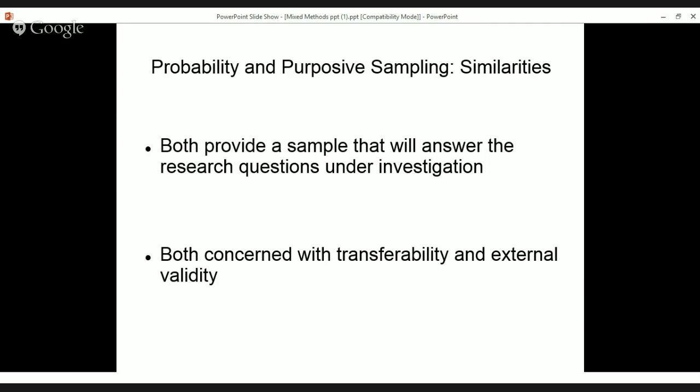And when you're looking at probability and purposive sampling, there are similarities and differences. The basic similarities are that both provide a sample that will answer the research questions, and both are concerned with transferability and external validity. And the biggest differences are going to begin with the size of the sample.